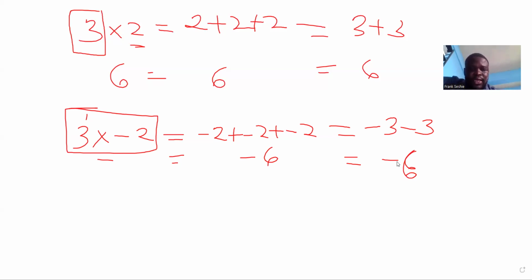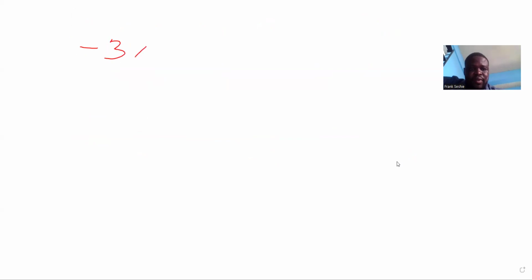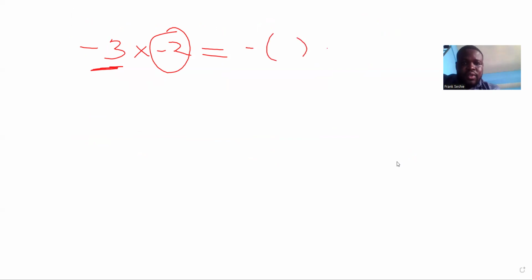So let's take the next one where we have negative 3 times negative 2. So with this, we are looking at subtracting 2 groups of negative 3. So I have negative 3 and negative 3.